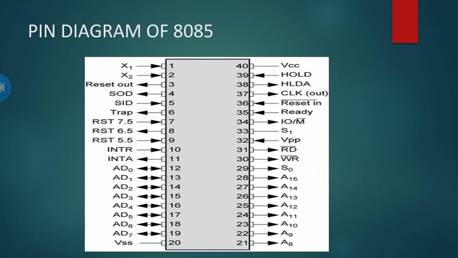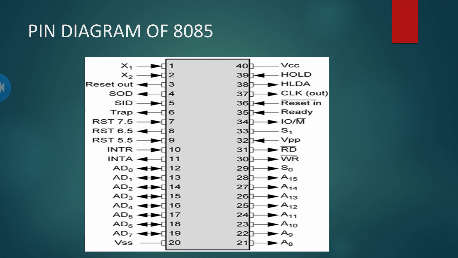The definition of the ready pin is: whenever peripheral devices, meaning input output devices, are ready to send the data, they inform the CPU by turning the value of that pin to 1.